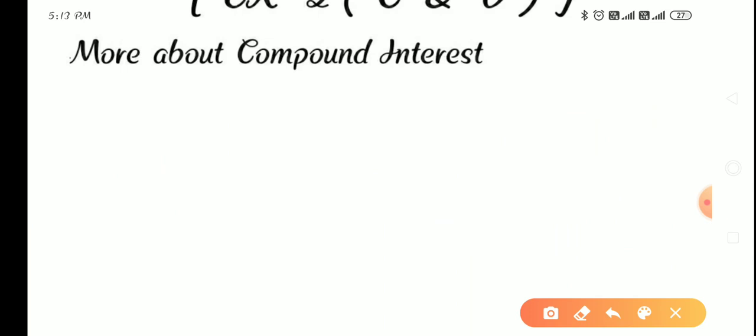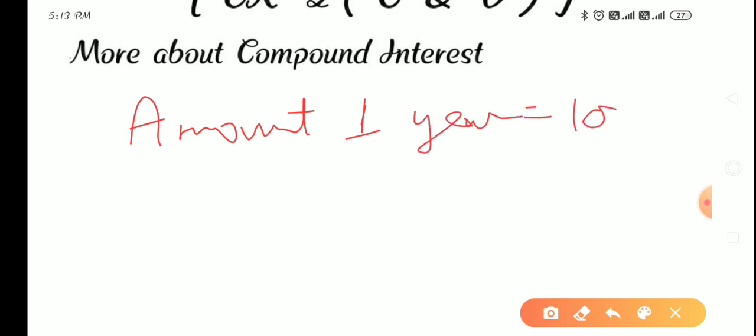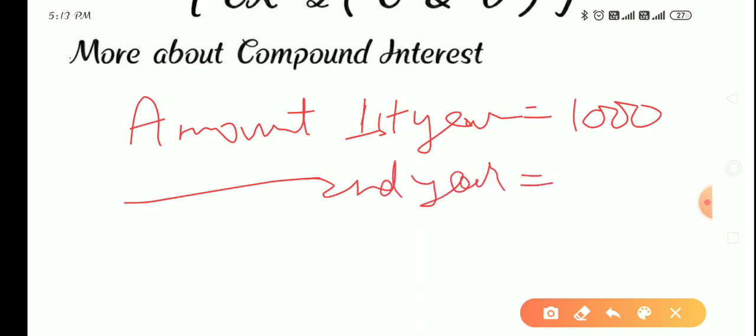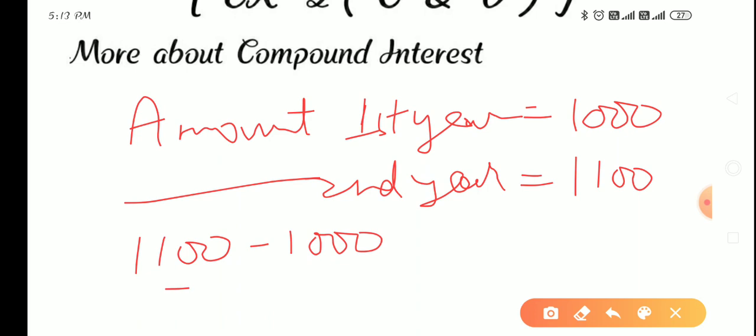One more thing I am telling you. Suppose in the same way, amount of first year you are having, suppose 1000 rupees. Amount of second year you are having 1100, suppose that. So you will find the difference, 1100 minus 1000, so it will be 100 rupees.